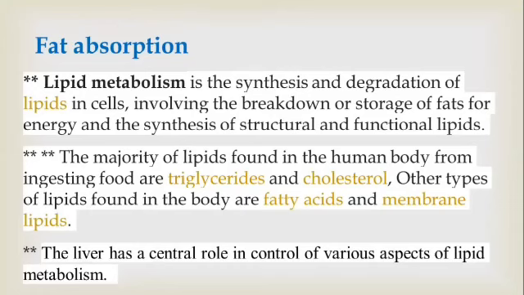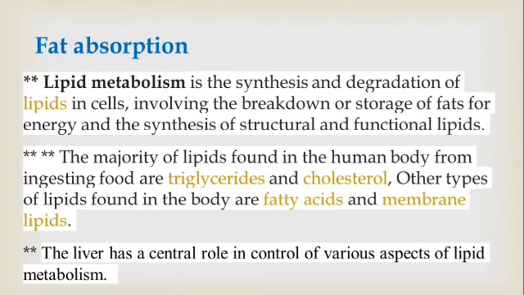Then we will talk about fat absorption. Lipid metabolism is the synthesis and degradation of lipids in the cell, involving the breakdown or storage of fat for energy and the synthesis of structural and functional lipids. The majority of lipids found in the human body come from ingested food and are triglycerides and cholesterol.